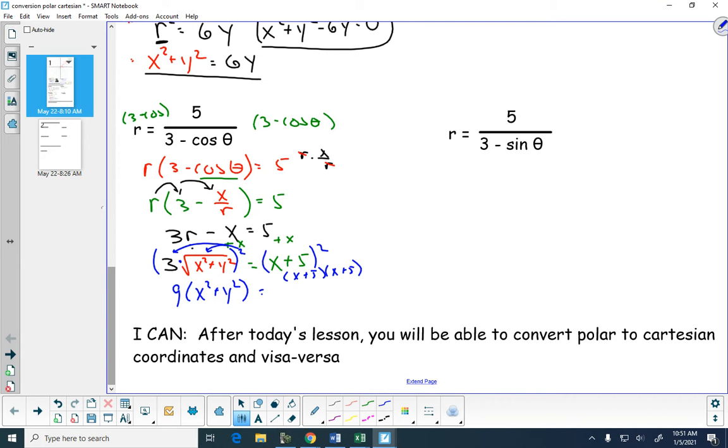Once again, this is just algebraic skills that you worked with back with Dr. Reed and also with Dr. Clark. So if I FOIL this out, we're left with x squared plus 10x plus 25.